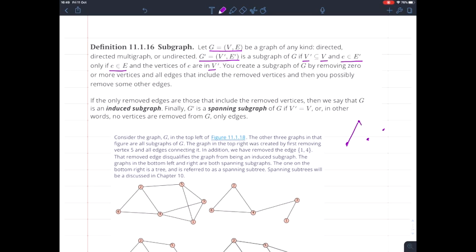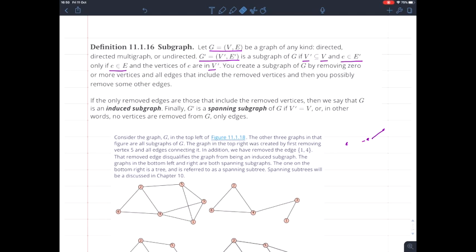So the general idea is that if you have some graph, for example, here's just a quick sketch of an undirected graph, we can create a subgraph by removing some vertices. So let's remove that vertex, and then we remove all the edges that include the removed vertices. So that means we have to remove that edge, and that edge. And then if we want to do any more than that, we could remove another edge.